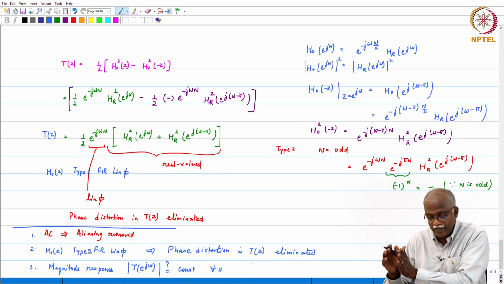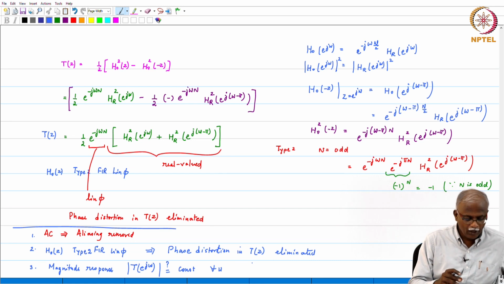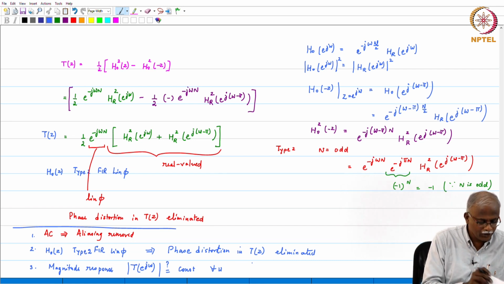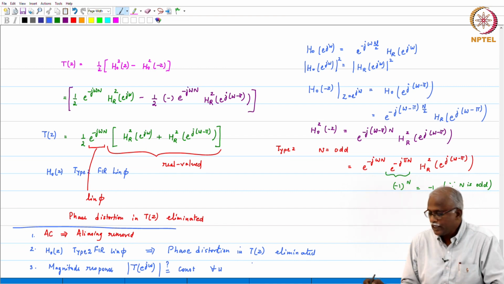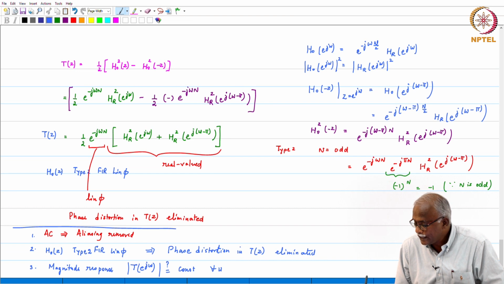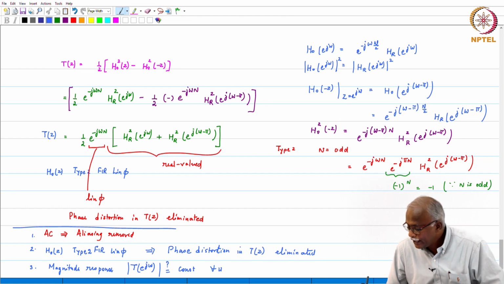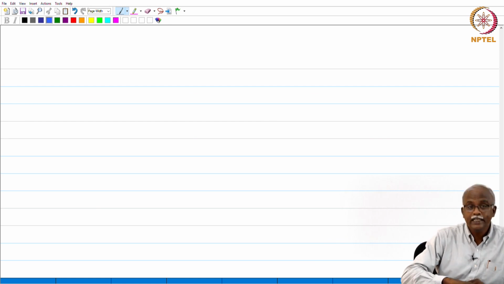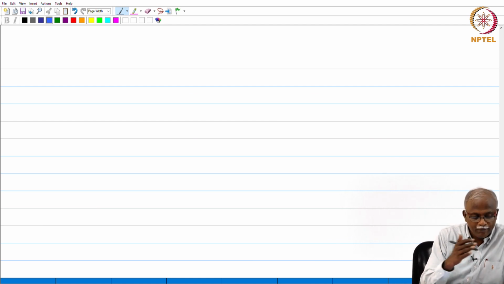So we showed that the phase distortion has been eliminated, and now we would like to see how we can eliminate the magnitude distortion as well. So the task for the rest of the lecture is to develop a system where we can design the filters to minimize the magnitude distortion.